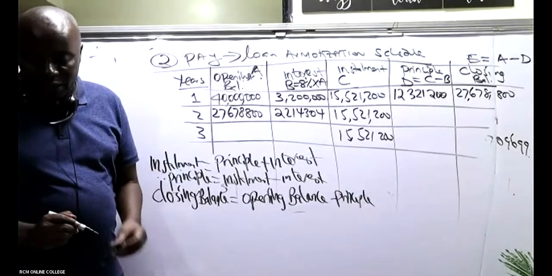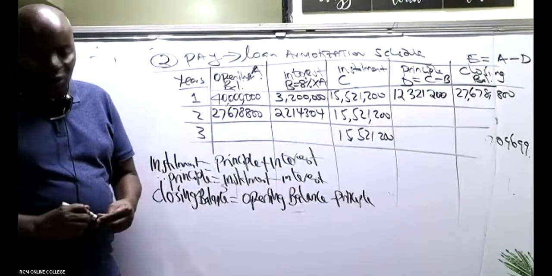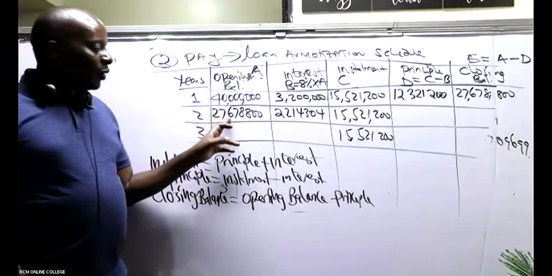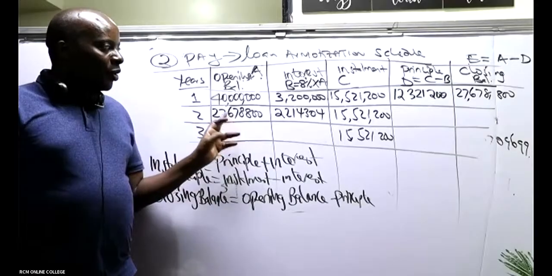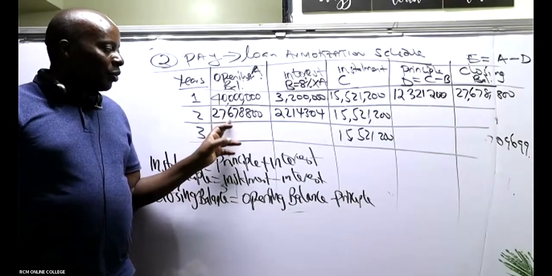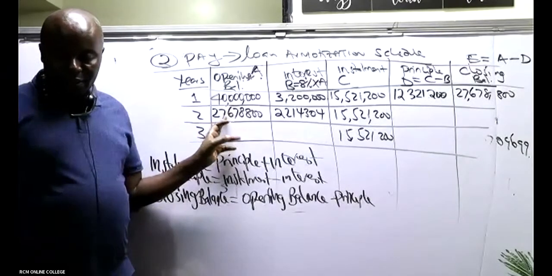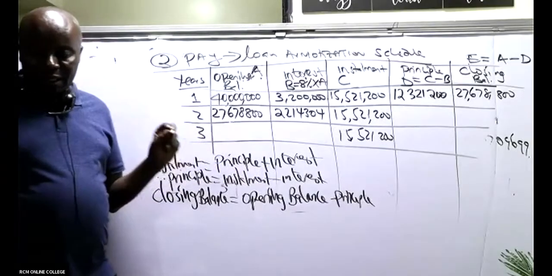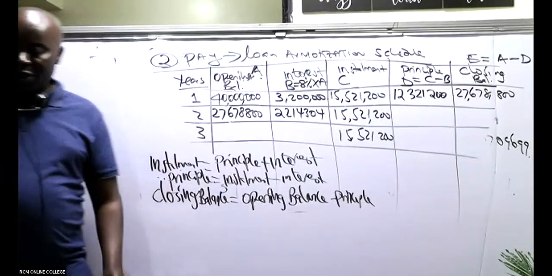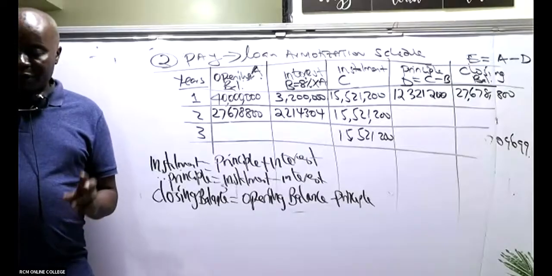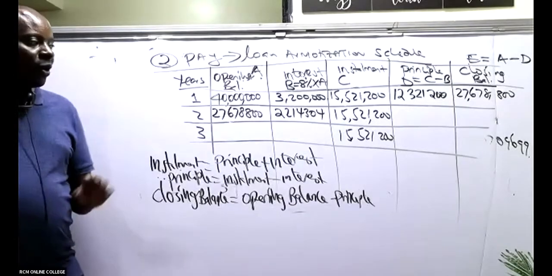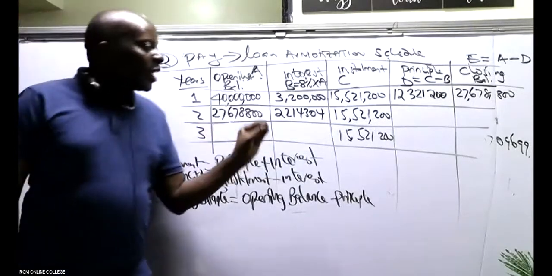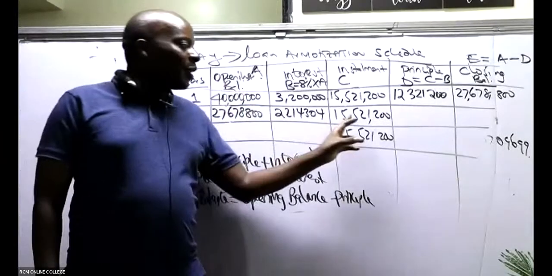I hope somebody else can also confirm this. What Mumbi is telling me is correct: 8% of this figure, 0.08 times this. Can somebody confirm that this great lady called Mumbi is giving me the correct figure, 2,214,304? Thank you. So once I get the interest, I shall deduct it immediately from the installment.